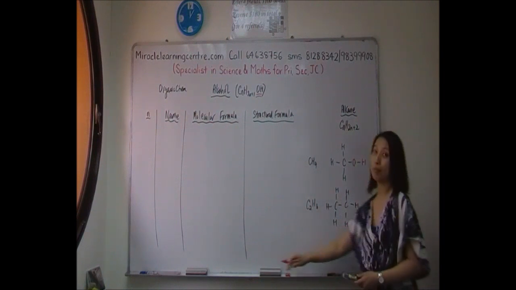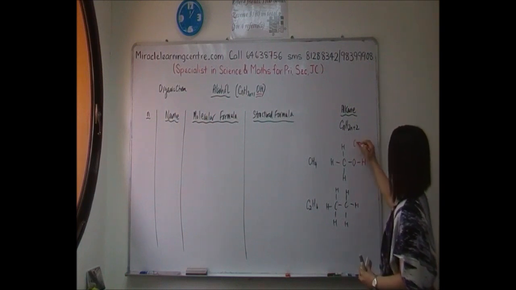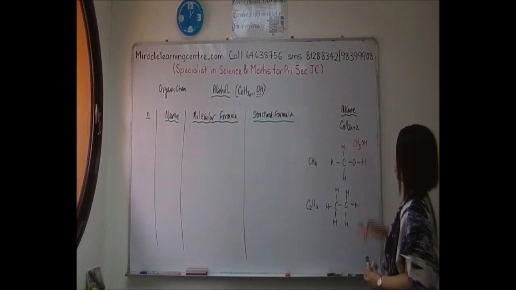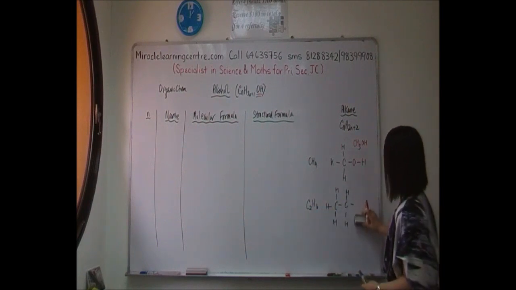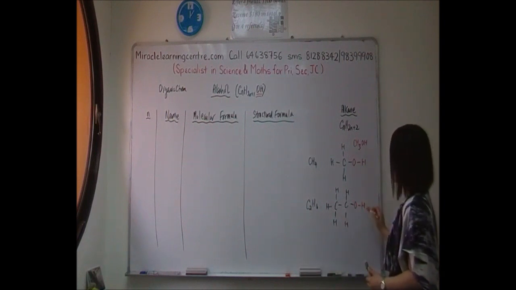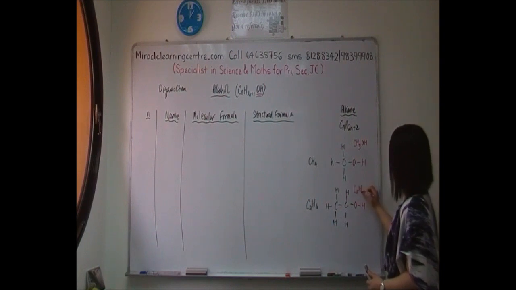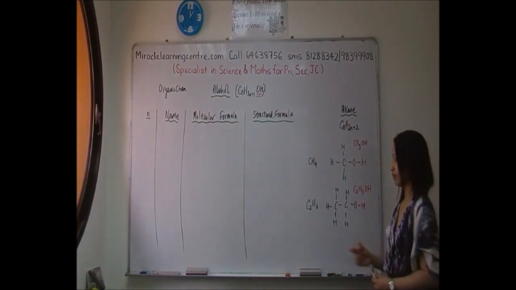That becomes a methanol, which is CH3OH. Same for ethane, you remove one hydrogen and you put in OH. This becomes a ethanol, C2H5OH. Remove one hydrogen and add in the OH, and you actually get ethanol.